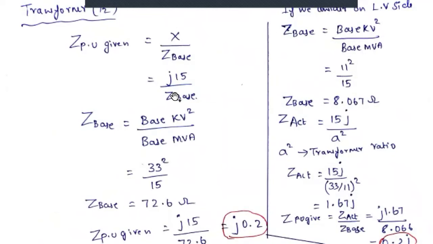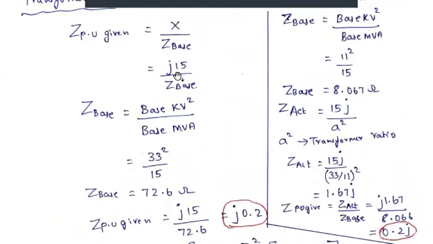So that we are taking. Base value we need to calculate. The Z base is equal to base KV squared divided by base MVA. So with respect to HV side, base KV squared is nothing but 33 squared, 33 kV squared divided by base MVA is 15 MVA. 15 MVA is already given in the transformer rating, that same rating we are taking here.